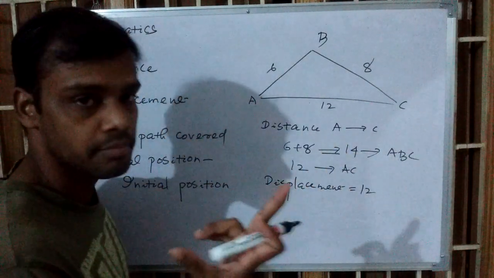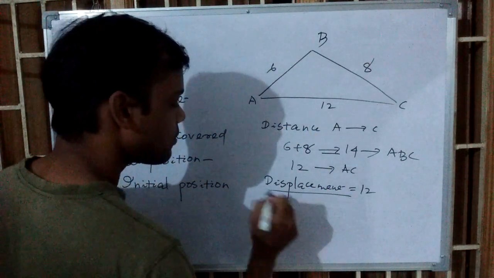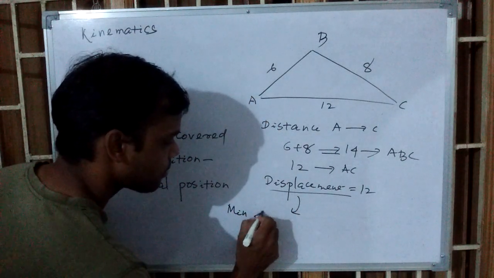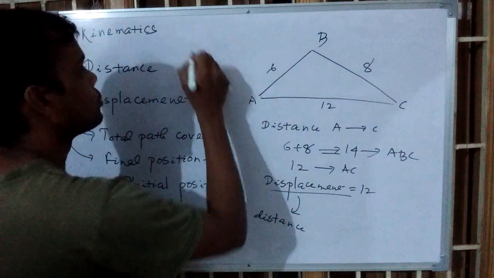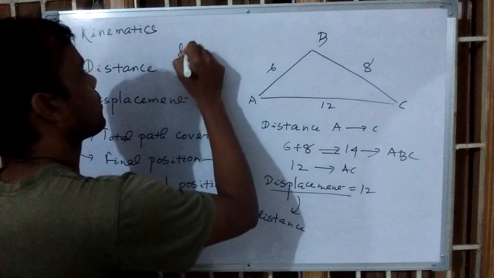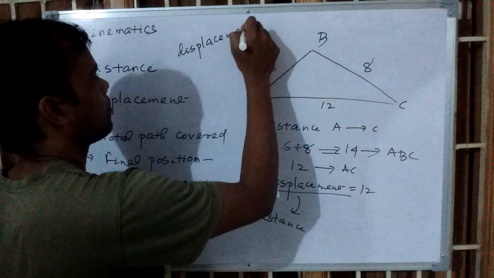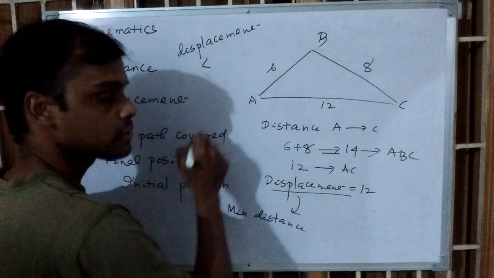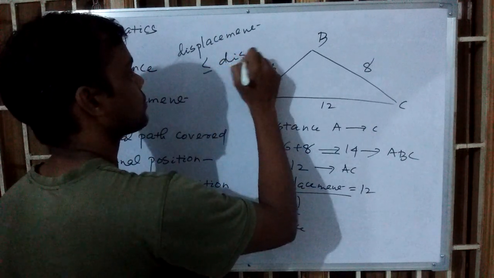Direct path is the minimum path. Minimum distance is called displacement. So I can write displacement is always either less than or equal to distance.